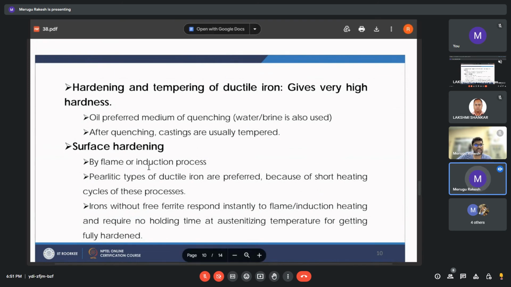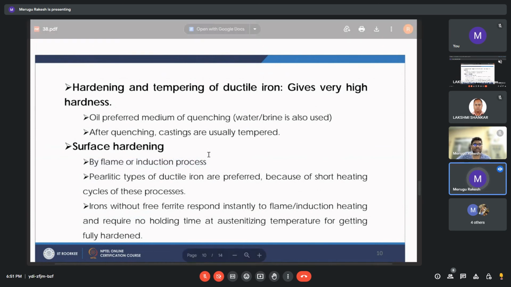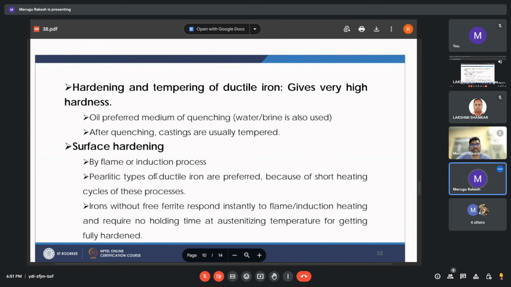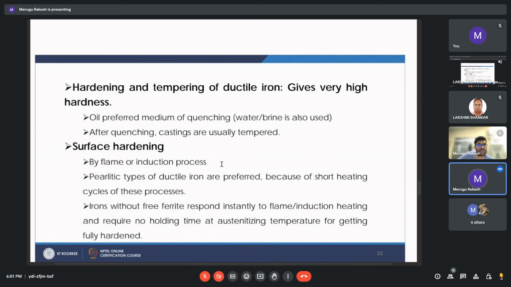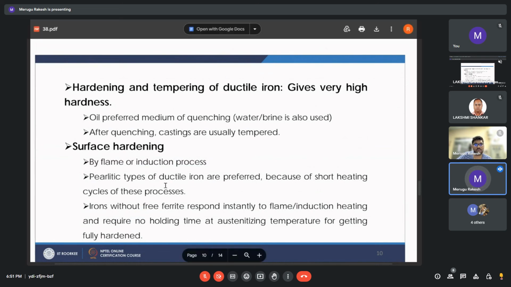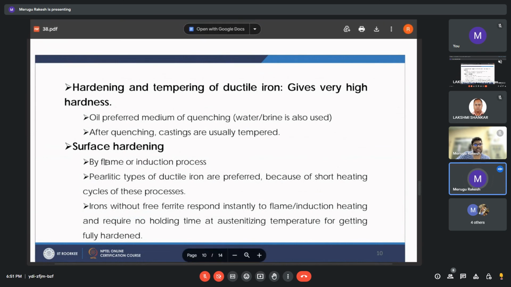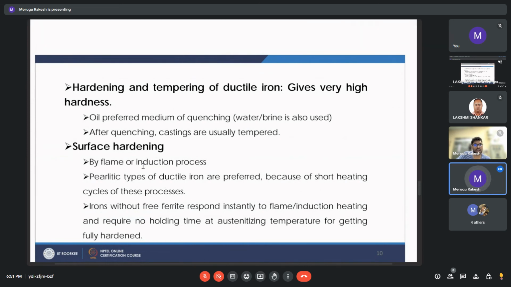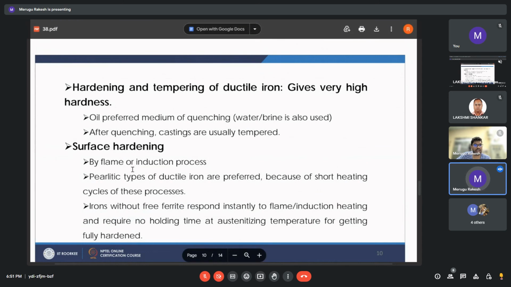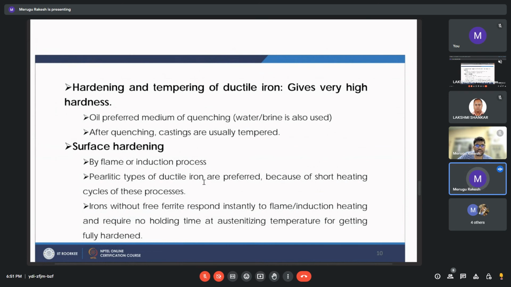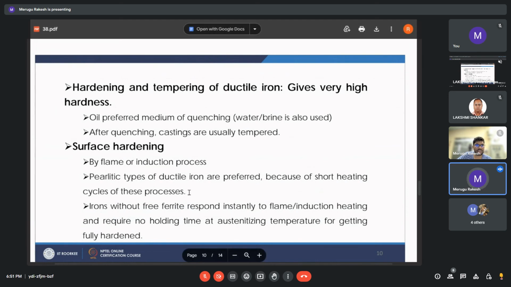Basically, surface hardening happens by flame or induction process. We can take an induction heater, and if you keep it on the surface, it will heat only the surface to a very red hot condition, or we can directly use flame as well. Here we use an oxyacetylene flame with a forehand or backhand type of flame. Pearlitic types of ductile iron are preferred because of the short heating cycles of this process.